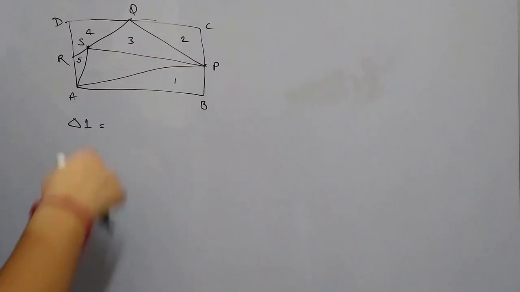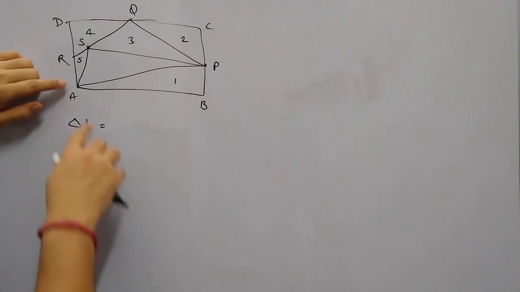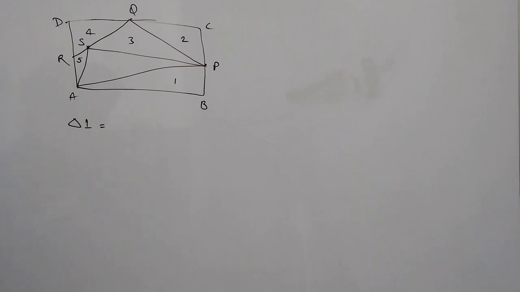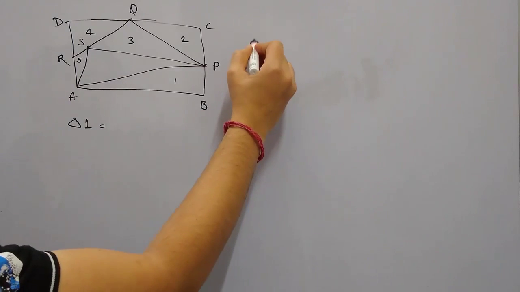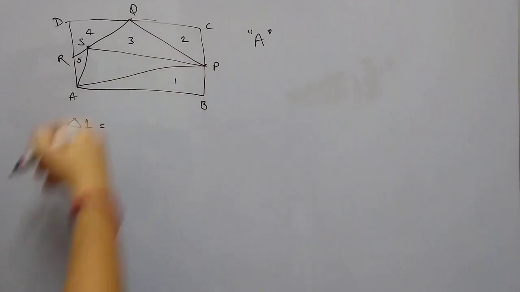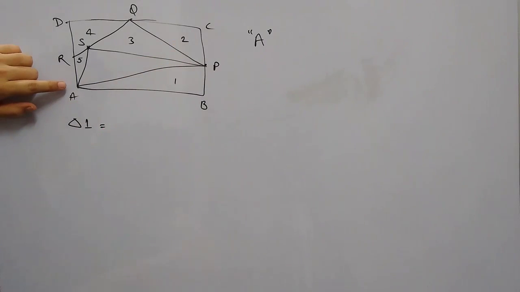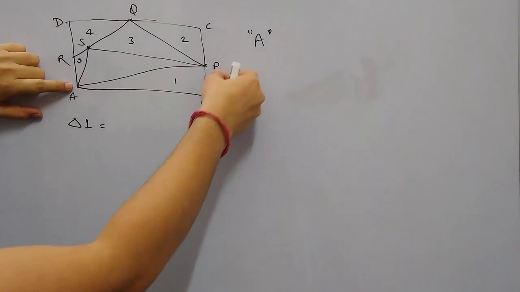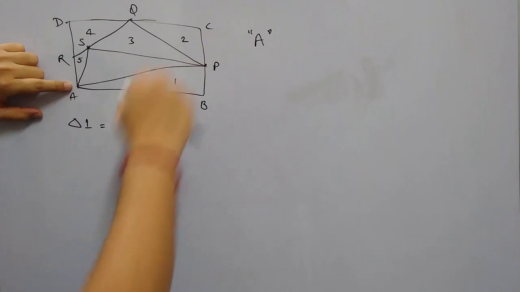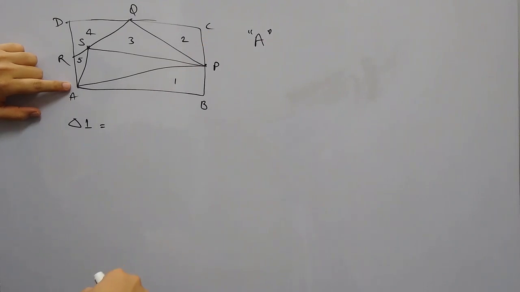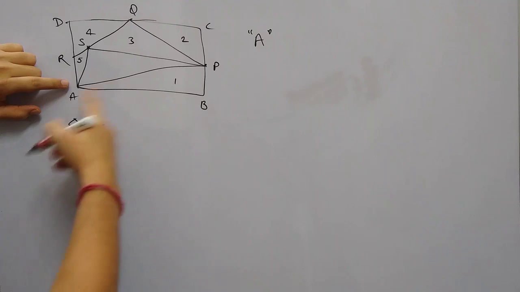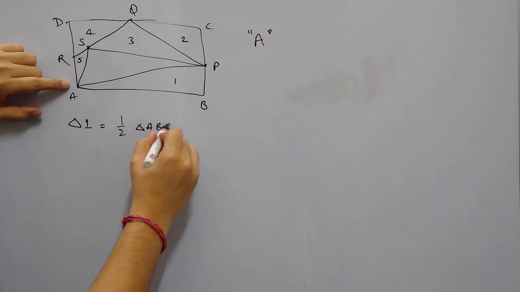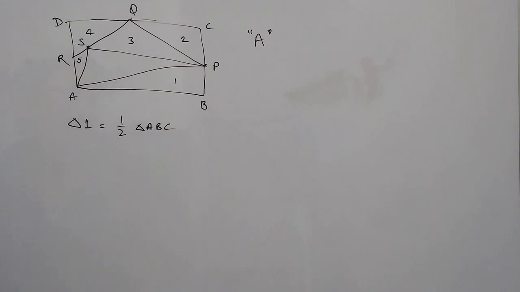If AC is joined, then the area of triangle ABC will be half of the area of this rectangle, and let's say the area of the entire rectangle is A, capital A. So if we join AC, triangle ABC will be half of this area, and because P is the midpoint of BC, AP will bisect that into 2 equal halves, right? So APB is half of triangle ABC, right? We can say that.